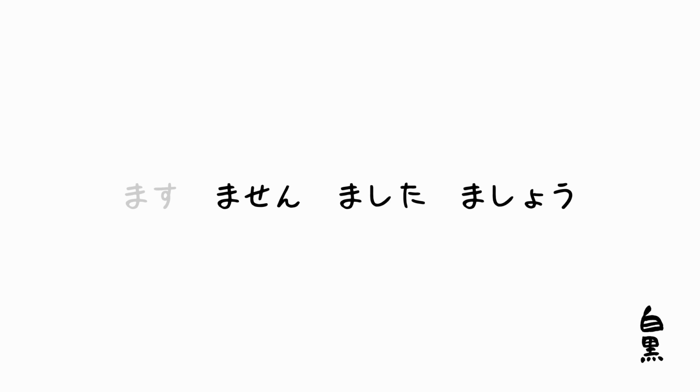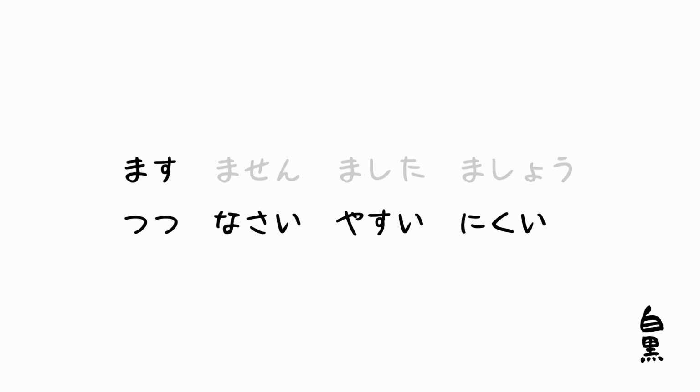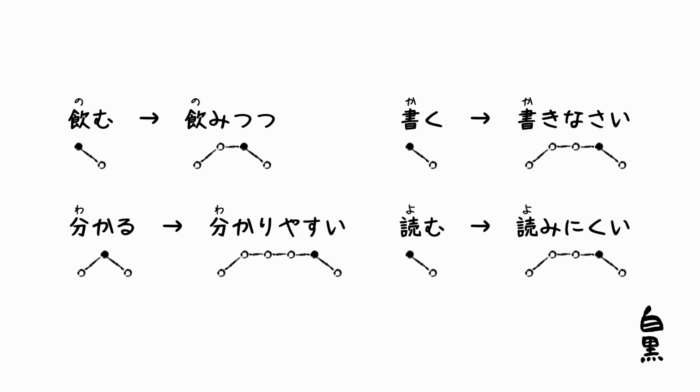Besides the must family, the following are also common leader type dependent words that attach to the 連用形. For example, 飲む、飲みつつ、書く、書きなさい、わかる、わかりやすい、読む、読みにくい.